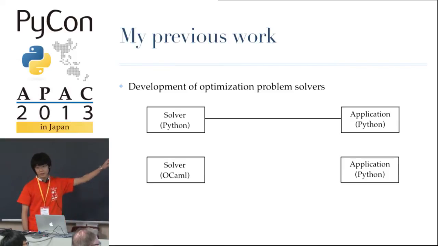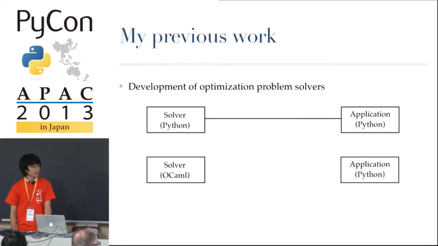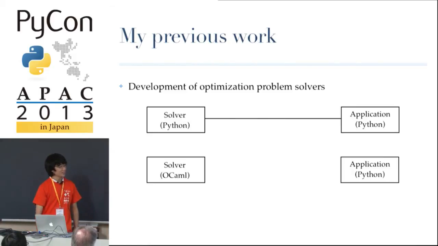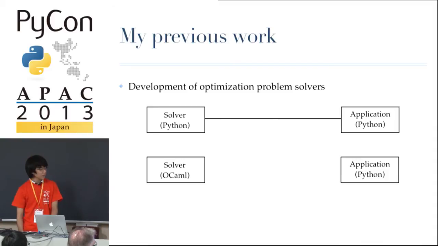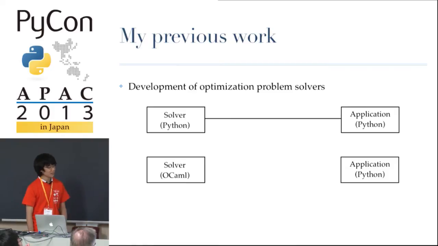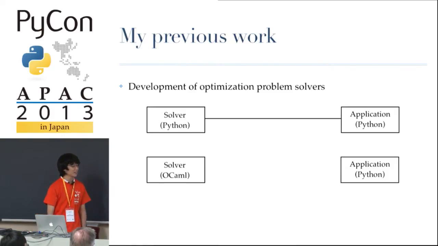First I chose Python because of high productivity, but it is not fast enough. OCaml has better performance than Python because it's a native language, and it is also highly productive, but it is too difficult to communicate with OCaml from Python.